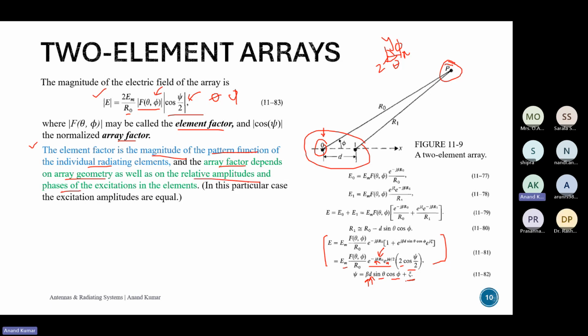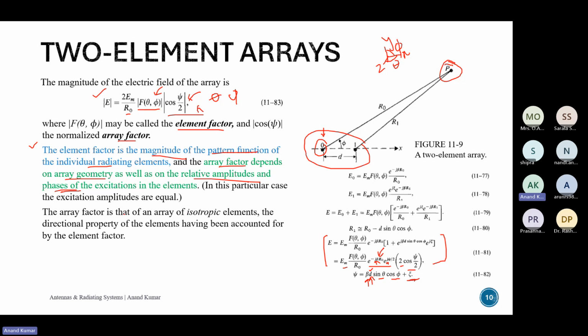The geometry is given by this d, and the relative amplitudes, since we have taken identical elements, we do not have any relative amplitudes, and then phase excitation is given by this xi over here.